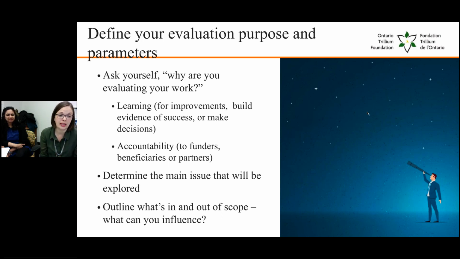Next, determine the main issue and then outline what's in and out of scope. That question is to help you figure out, what can you influence? So if evaluation is all about taking action and moving forward, you want to focus on those things that you can influence.